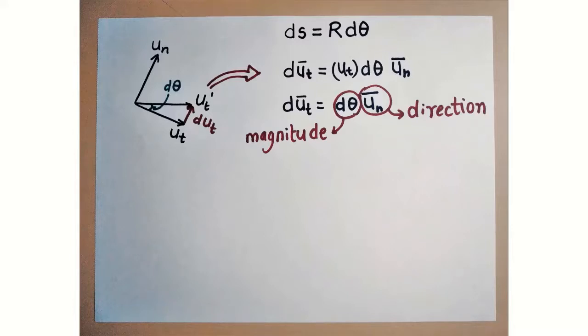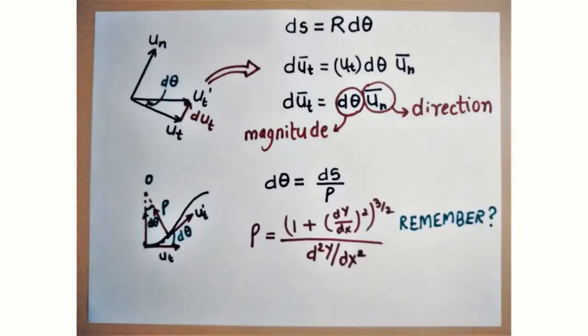Now, since the magnitude of ut is unity, we have dut vector is equal to d theta in the direction of normal axis. We also know that d theta is equal to ds by rho, where rho is the radius of curvature and has this humongous formula which my friend explained and I lazily would not repeat.